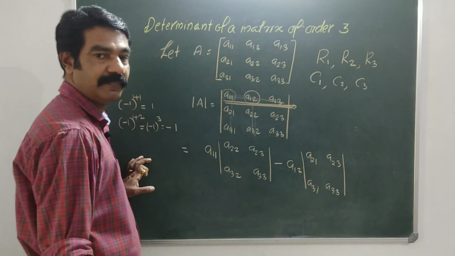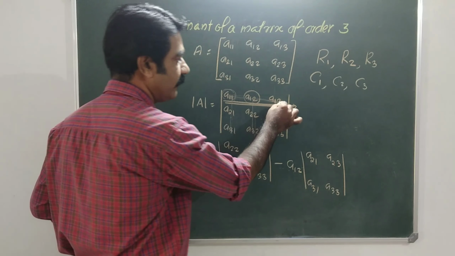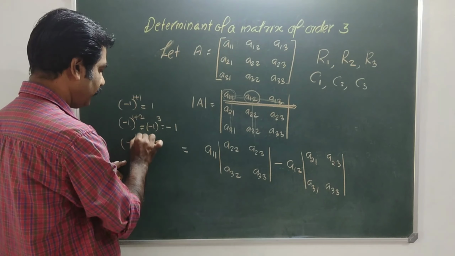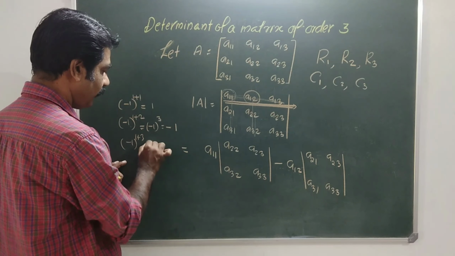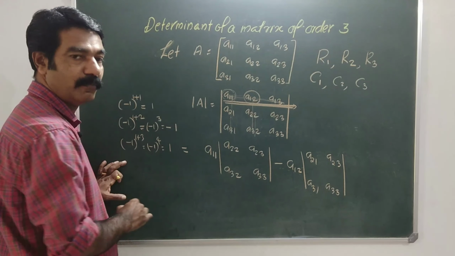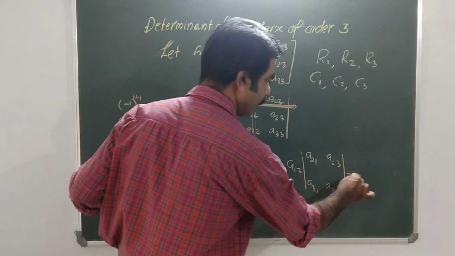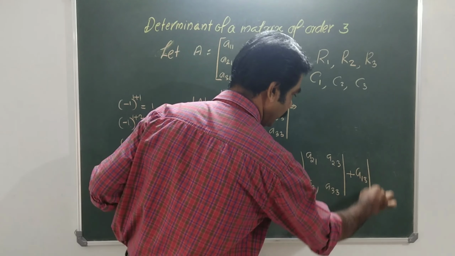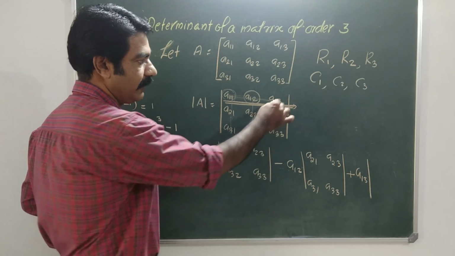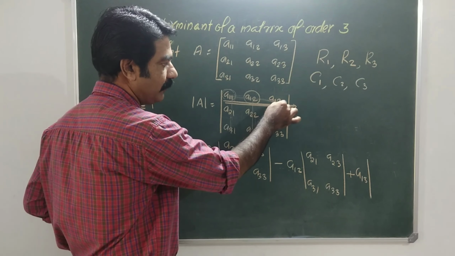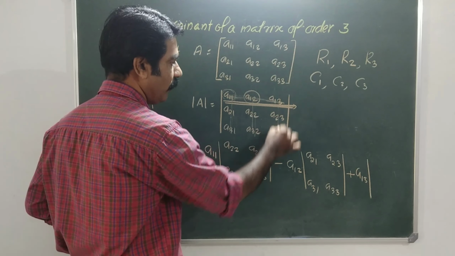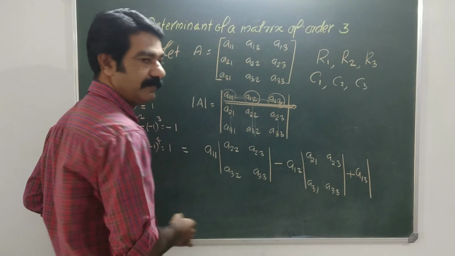But the third one is A13. Since it is 1, 3, minus 1 raised to 1 plus 3 is equal to minus 1 raised to 4, which is equal to positive 1. So plus A13 into deleting the first row and third column, the row and column in which A13 lies.